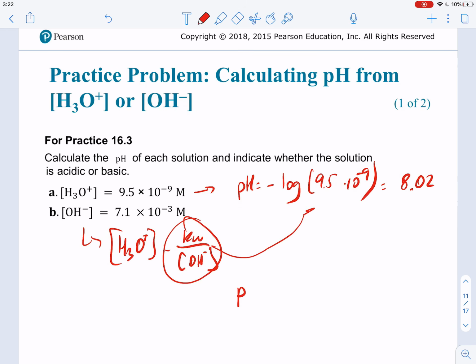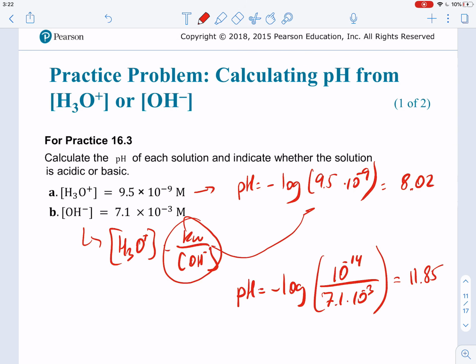So pH is going to be minus log of 10 to the negative 14 divided by 7.1 times 10 to the negative 3, and it's just one step, correct? So this is 11.85. In this case, both pHs are above 7, so this is a basic solution.